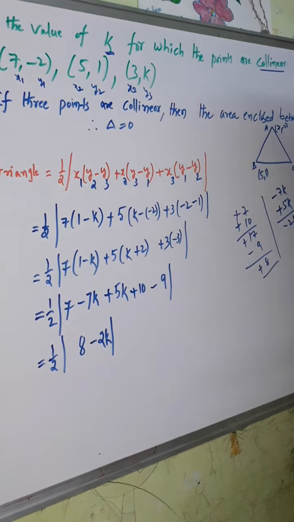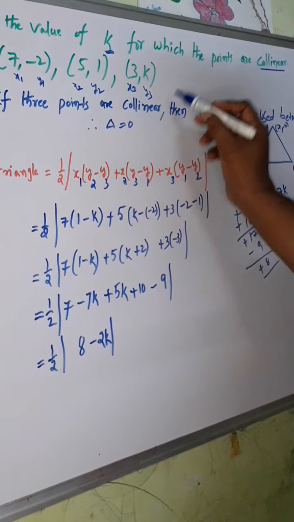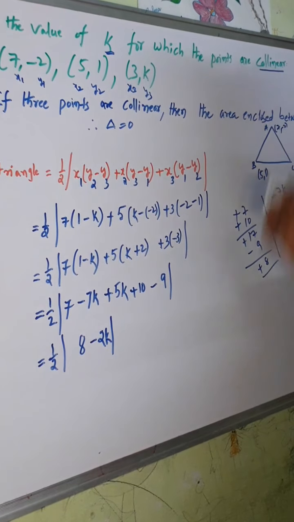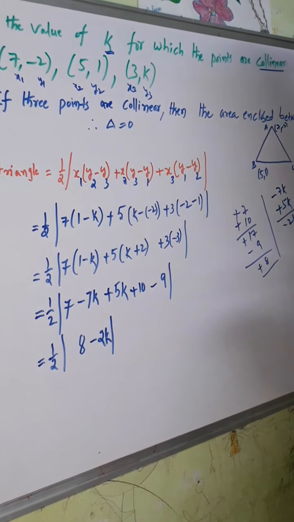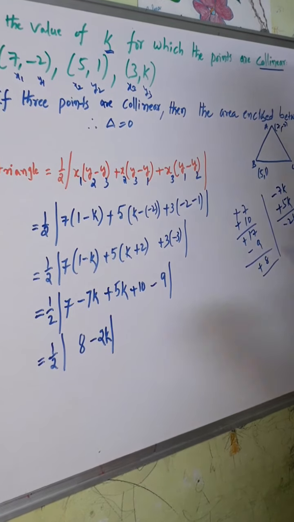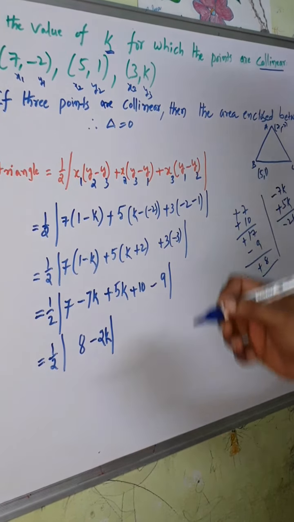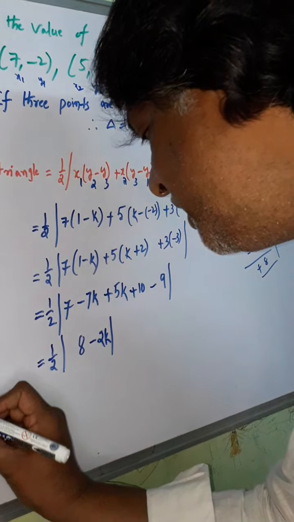This is the area of the triangle: 8 minus 2k. The 3 given points are collinear.